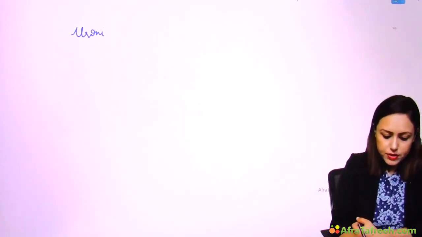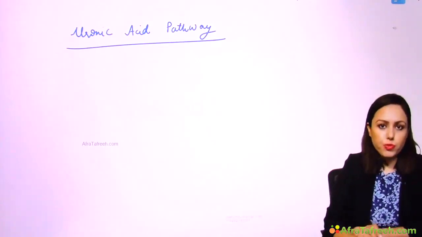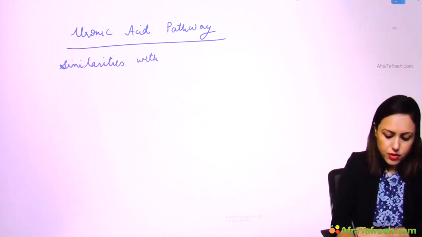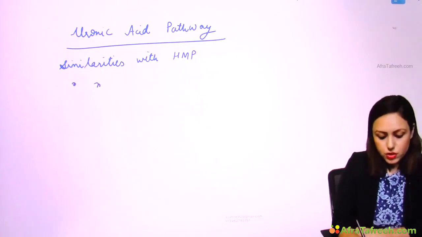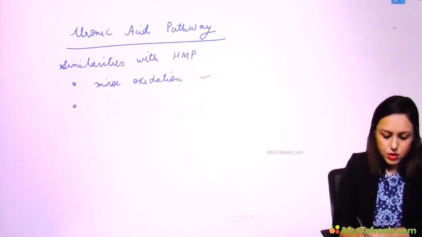Uronic acid pathway has some similarities with HMP. Let's note down that first. Similarities with HMP. One is that this is also a minor oxidation pathway for glucose.